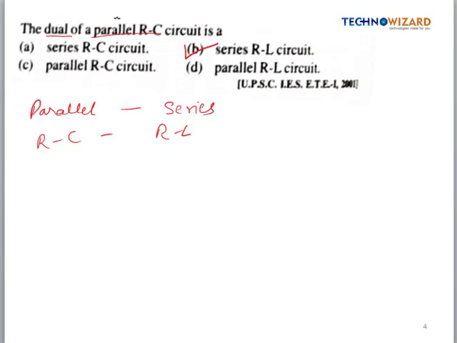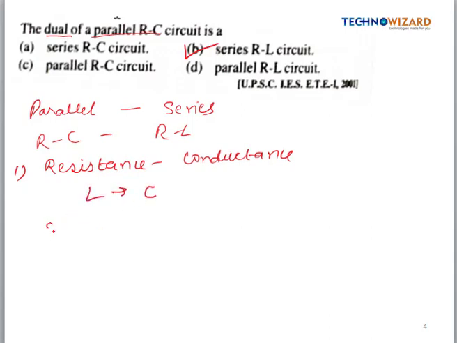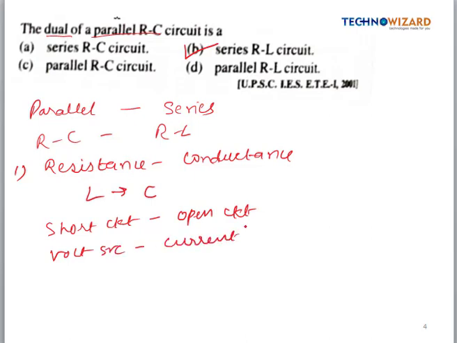Other principles of duality hold good: for resistance the dual is conductance, for inductance the dual is capacitance, for short circuit the dual is open circuit, and for voltage source the dual is current source.